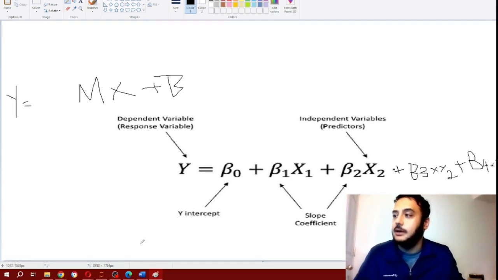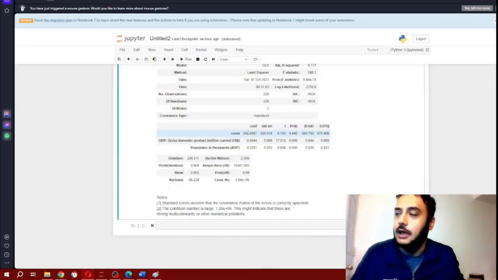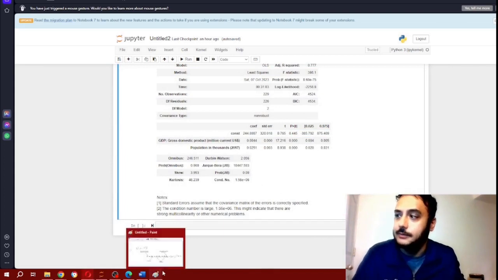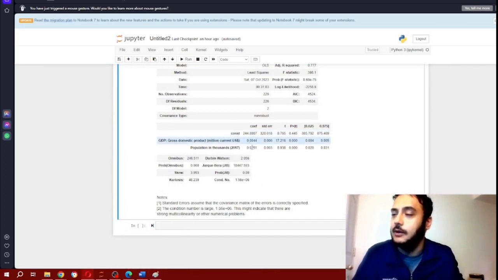So the idea here is to use the constant, and then use the beta 1 or beta 2 that our model produced to predict the dependent variable.